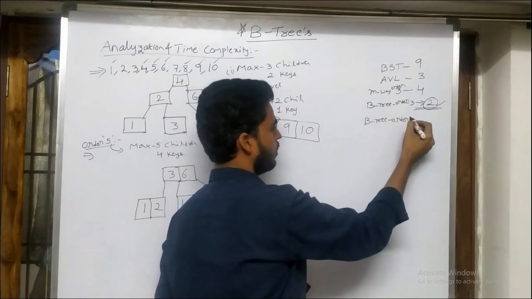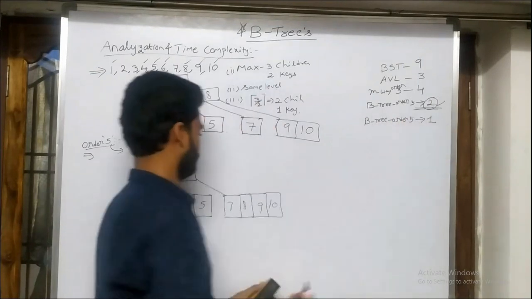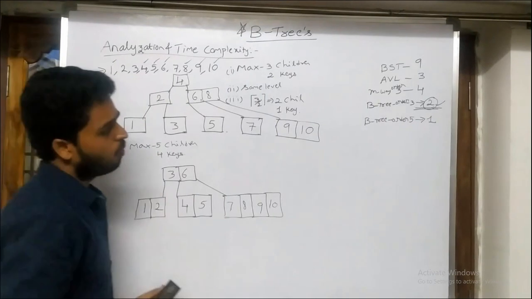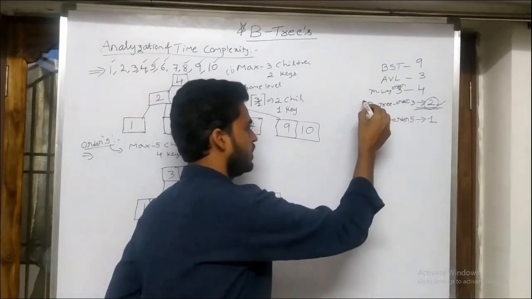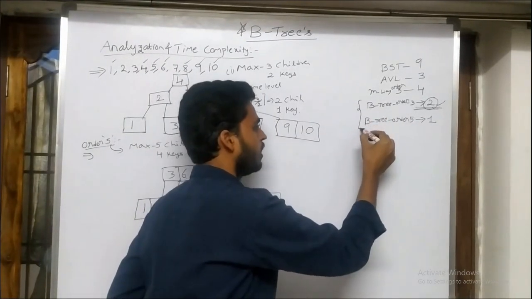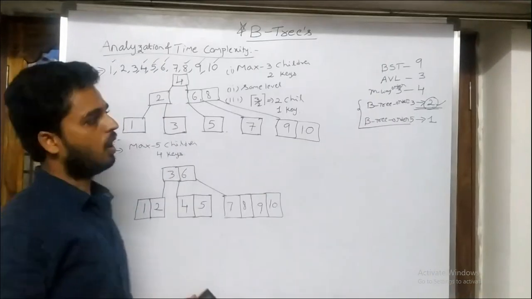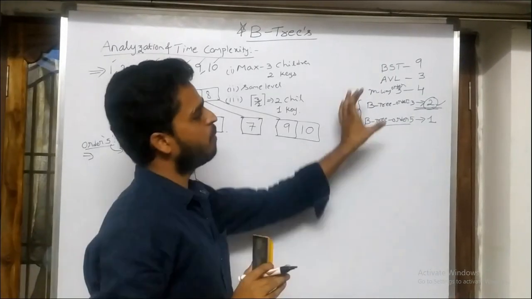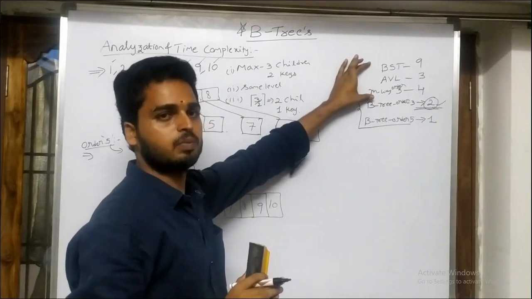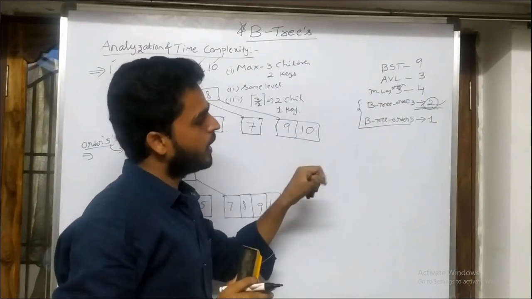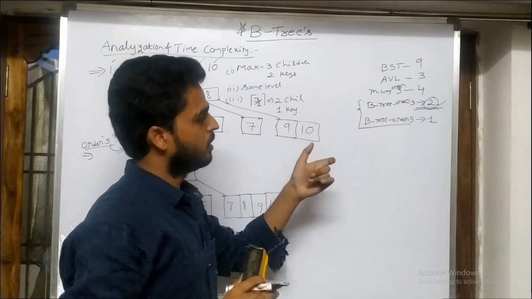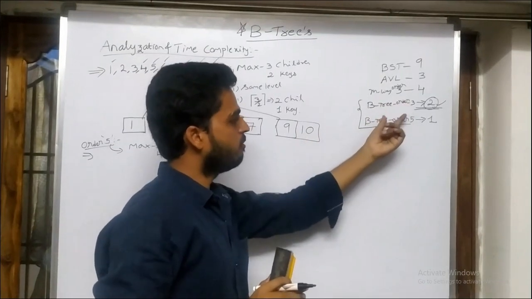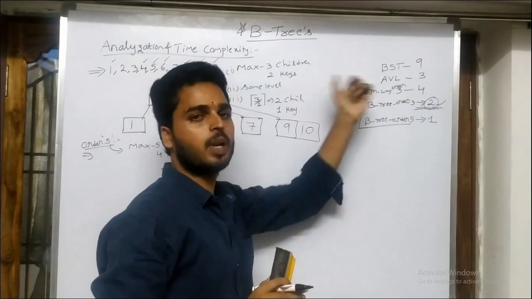A B tree of order 5, its height is 1. So what can I conclude? The B tree is efficient when compared to all other kinds of trees, and a B tree of order 3 is inefficient when compared to a B tree of order 5 for the same elements.